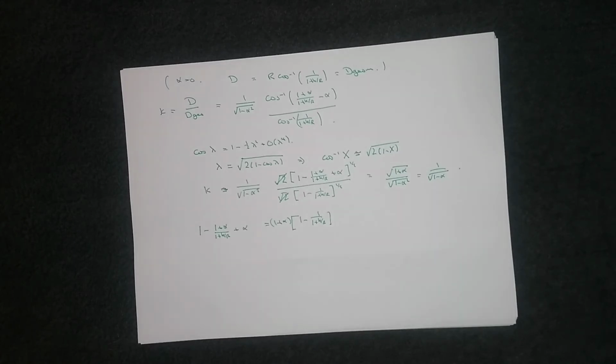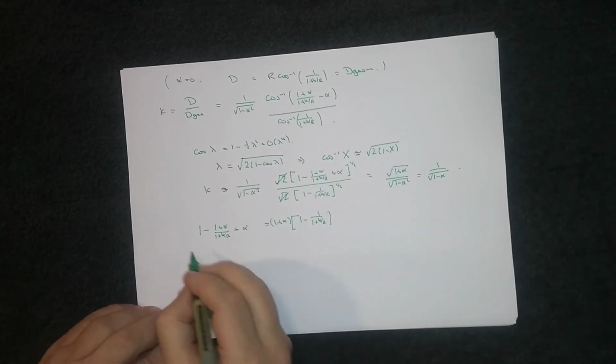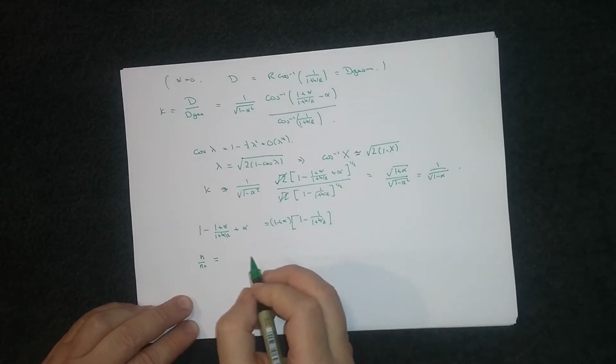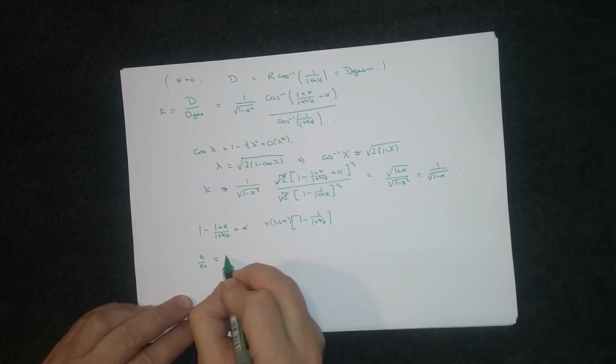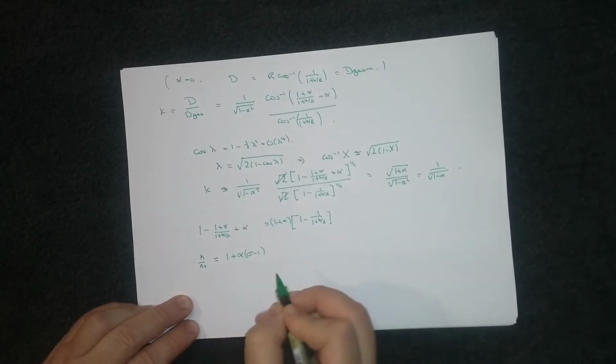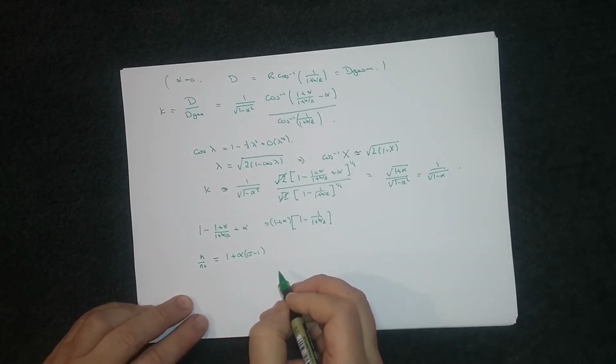Okay, well, let's put some numbers in. We know that the ratio of refractive indices is 1 plus alpha sigma minus 1. That's how we define alpha.